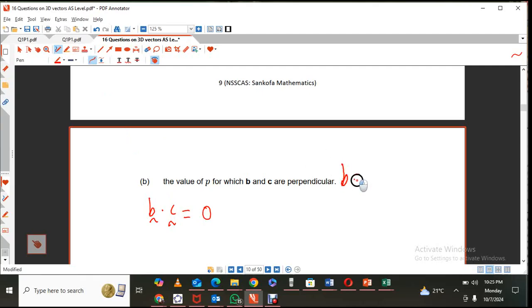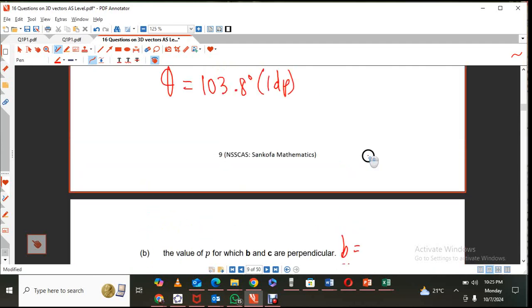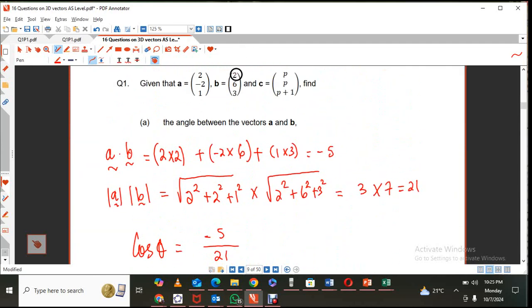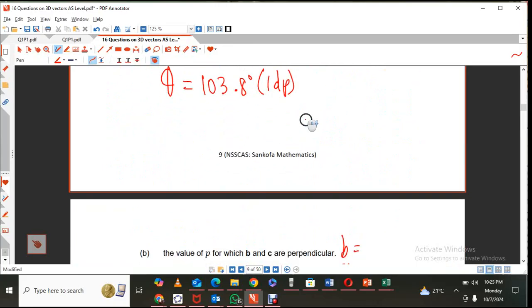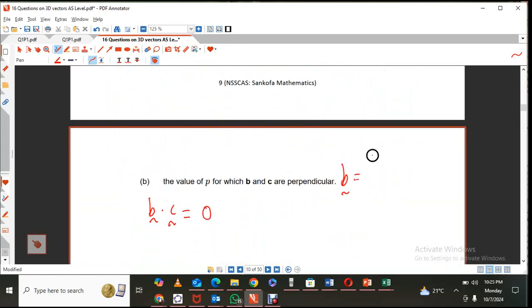And what do we know? Let's get the components of vector B. Vector B is 2, 6, 3, and vector C is the one that has the p's, so p and then p plus 1.